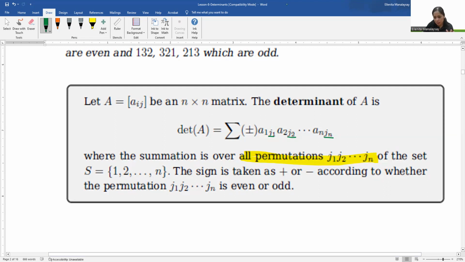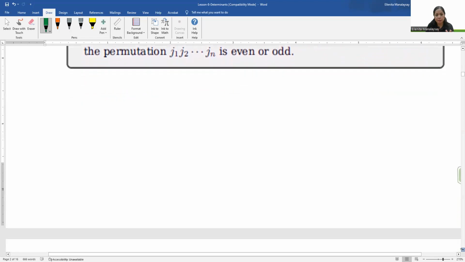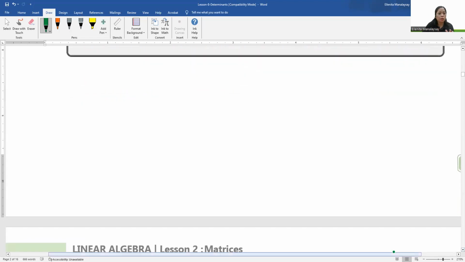Okay, maybe it would be better if I'm going to illustrate that. So let us consider, in general, A sub 1, 1, A sub 1, 2, up to A sub 1, n, A sub 2, 1, A sub 2, 2, up to A sub 2, n.